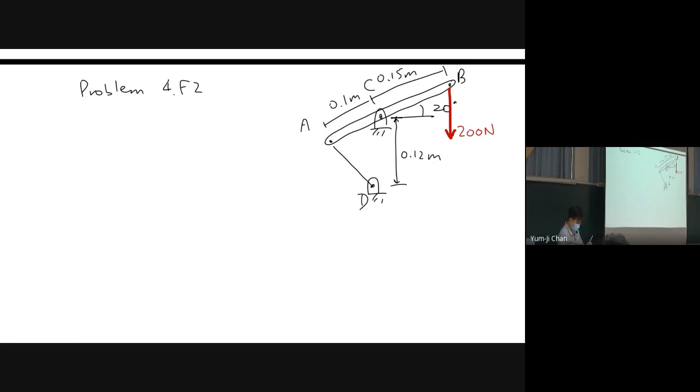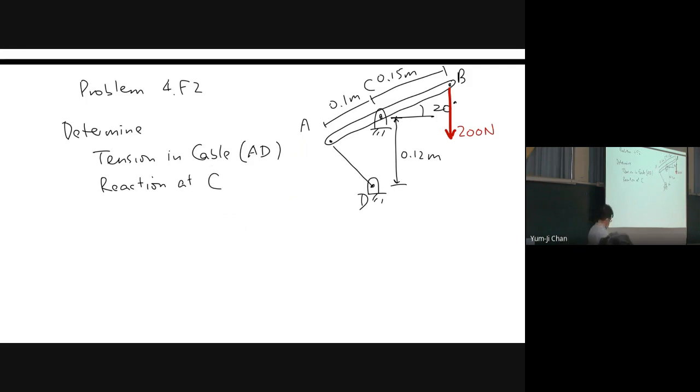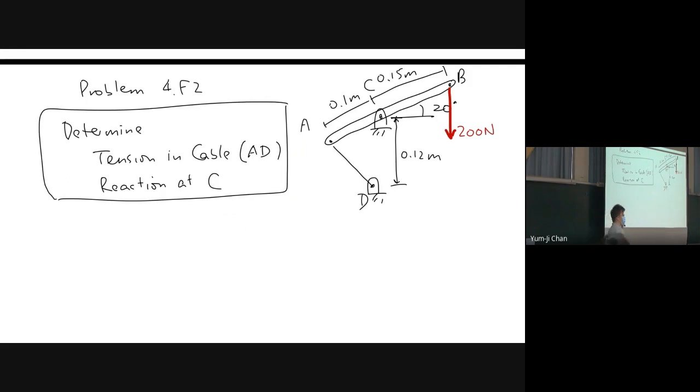We need to determine the tension in cable AD and the reaction at C, right? Of course, in the homework, I only asked you to draw the free body diagram, but we want to determine these two: tension in cable AD and reaction at C, right?